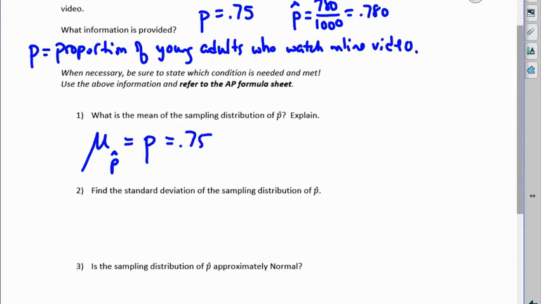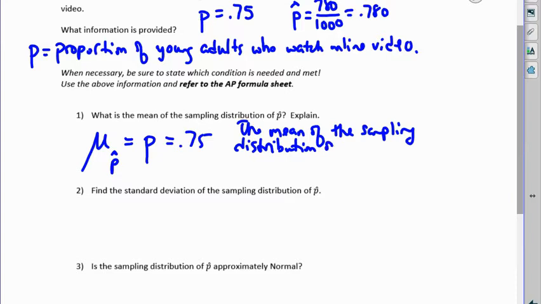And then of course I would write my answer in context. Mean of the sampling distribution of p-hat is 0.75, and that's the best unbiased estimator for that.